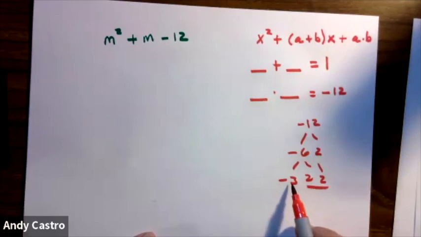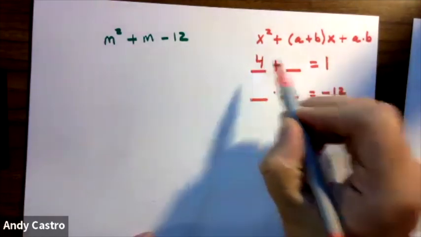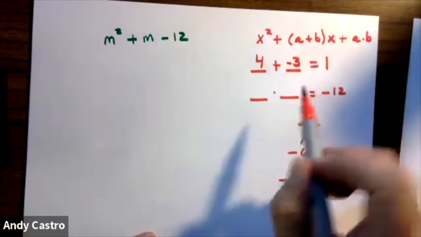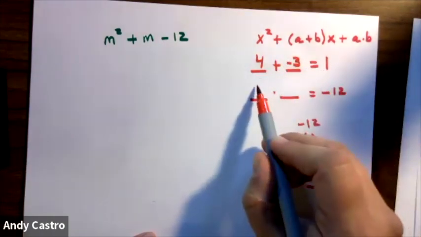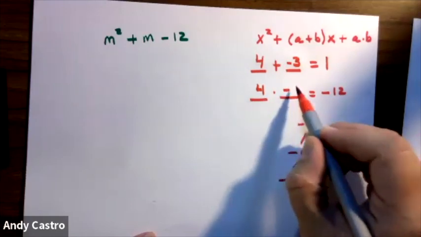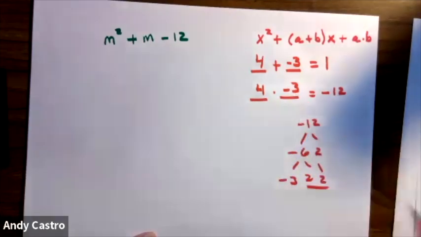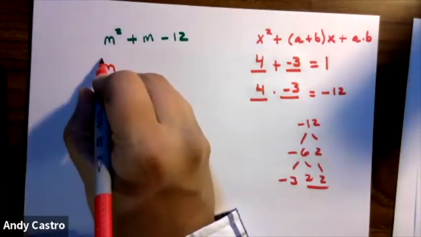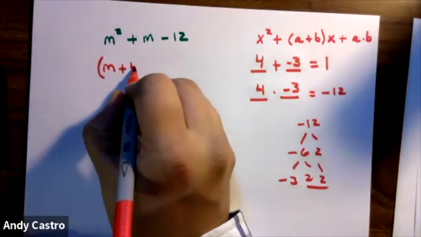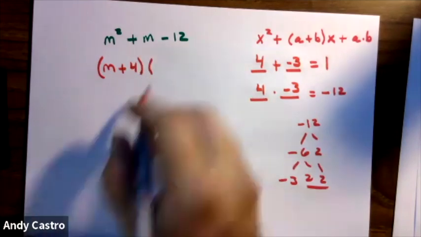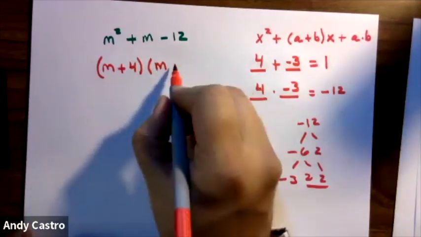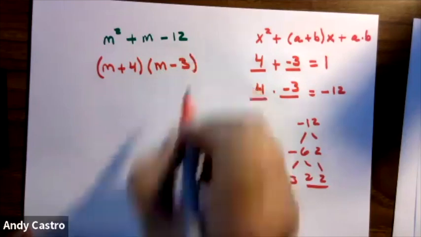Positive 4, negative 3. I add that together, I get 1. So I bet you that's it. Positive 4, negative 3. I add those two together, I get 1. And positive 4 times negative 3 gives me negative 12. So this is going to be m plus 4 times m minus 3.